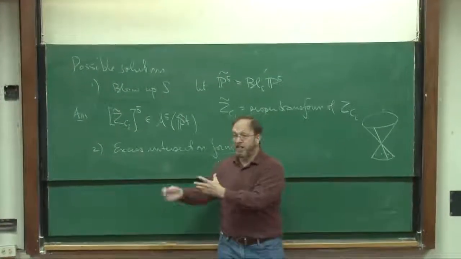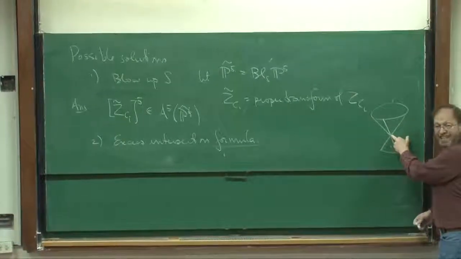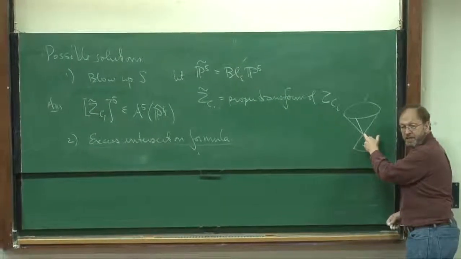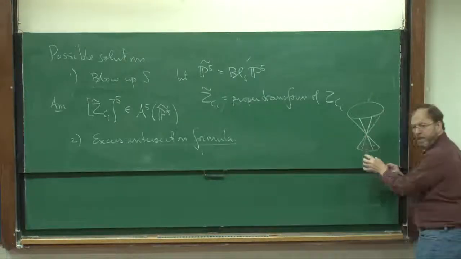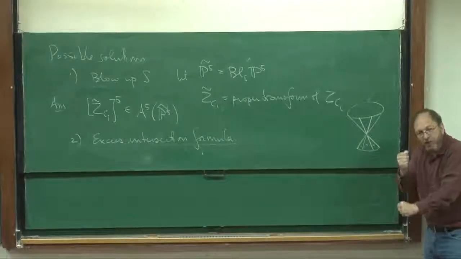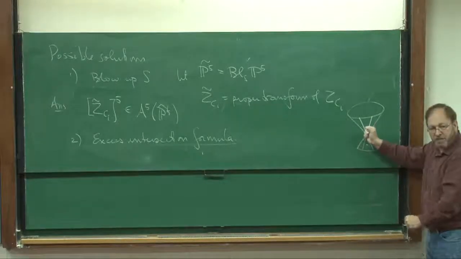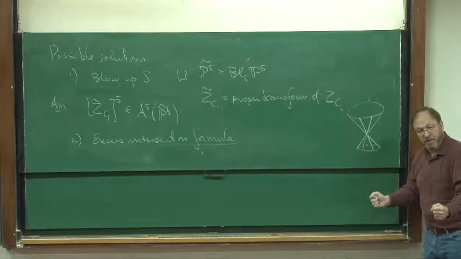Even allowing positive and negative coefficients, there's no cycle whose support doesn't include this singular point of S. So if I want to intersect two of these lines, two rays, I cannot move them away from that common point. No two representative cycles for these classes will ever intersect transversely.